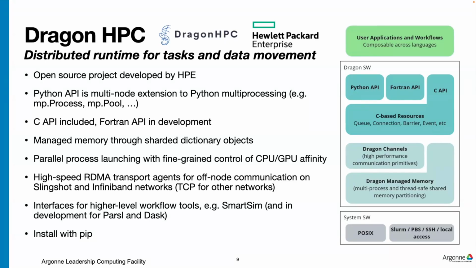One is that Python is easy to use and easy to demo, but also the Dragon Python API is an extension to Python's multiprocessing API. If you're familiar with running multiprocessing pools in Python, they're trying to build on top of that API.